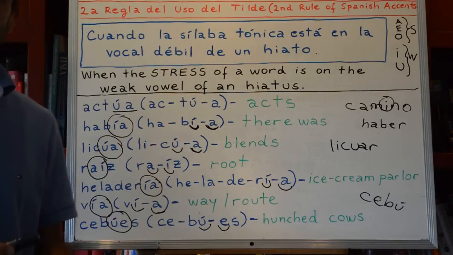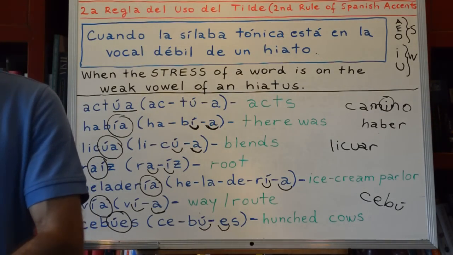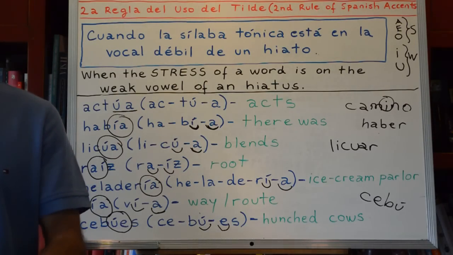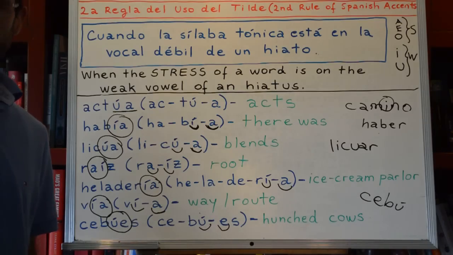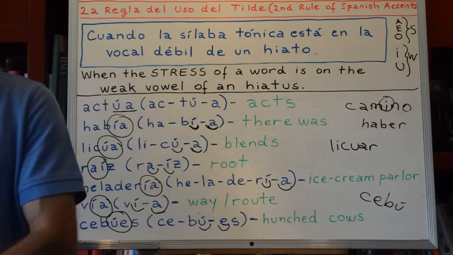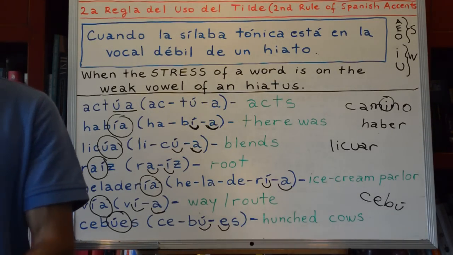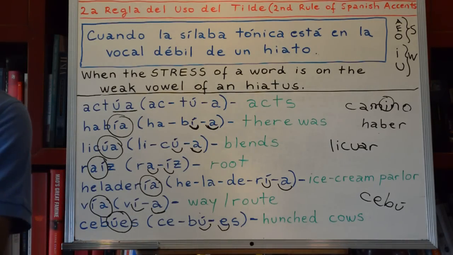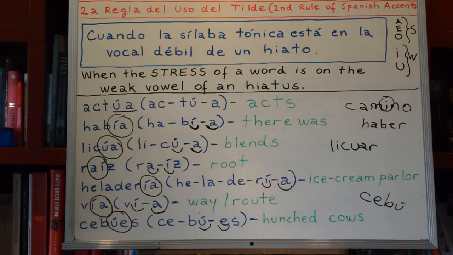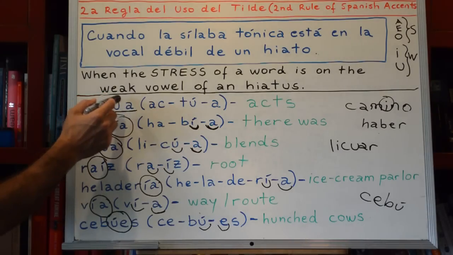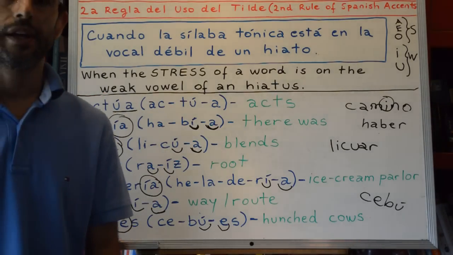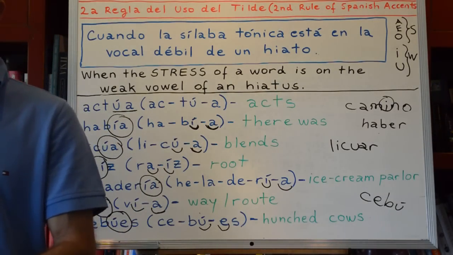In Spanish, using incorrectly a tilde or omitting it when a tilde goes, that is considered a typo. It is a mistake. It is a misspelling. Okay? And whenever a word carries a tilde, that tilde does have a purpose.